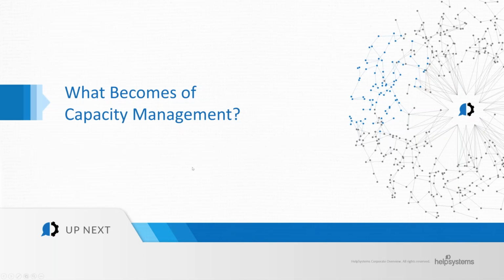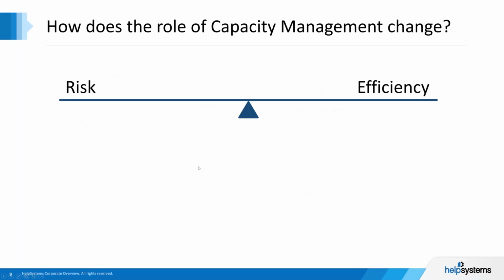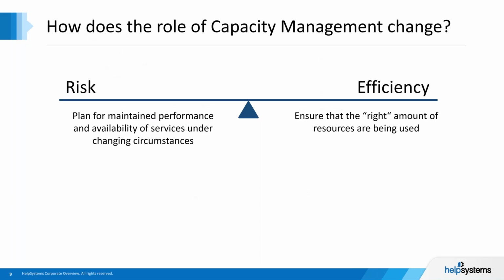So what becomes of capacity management in the cloud? Capacity management has always been this balance between risk and efficiency. In terms of risk, plan to maintain performance and availability of a service under changing circumstances. So modeling different types of scenarios and seeing what happens to the infrastructure that is underpinning those services, and making sure that we have a predictable operation for our main services.